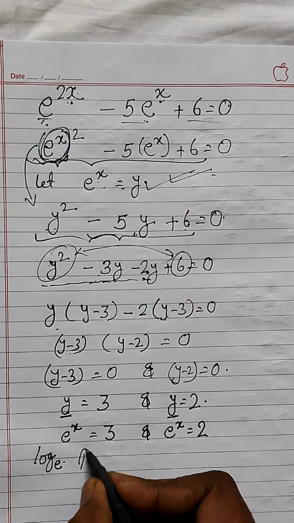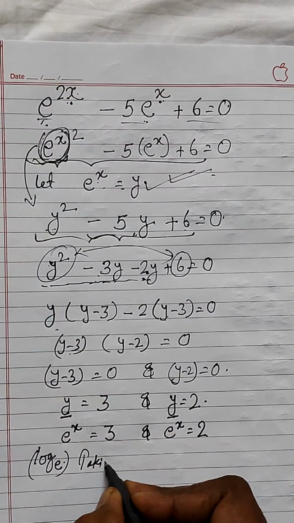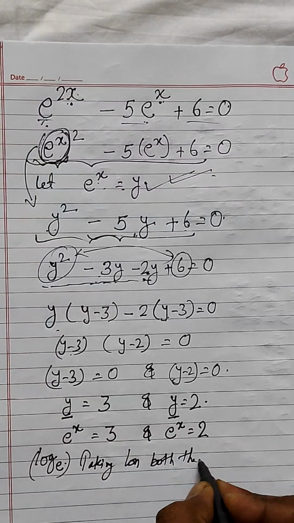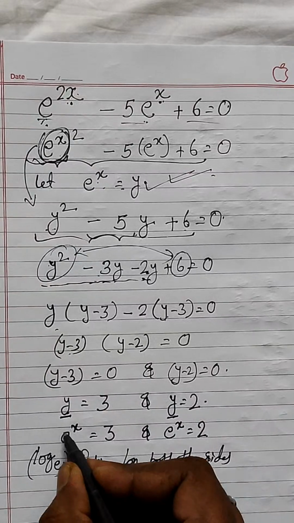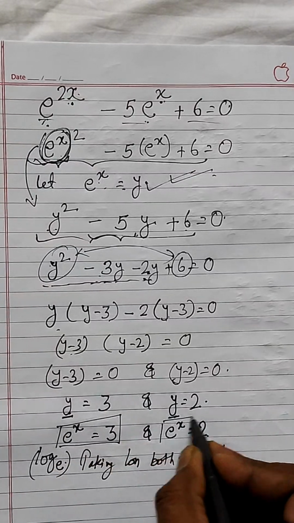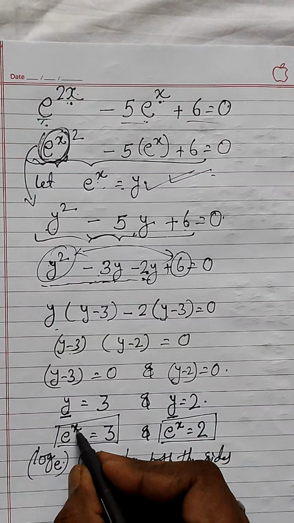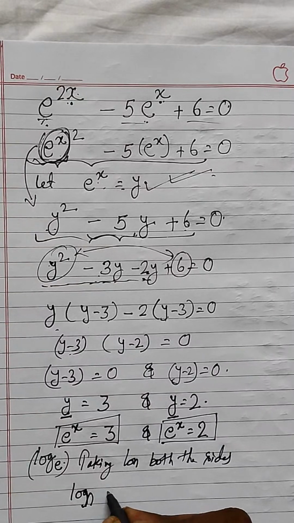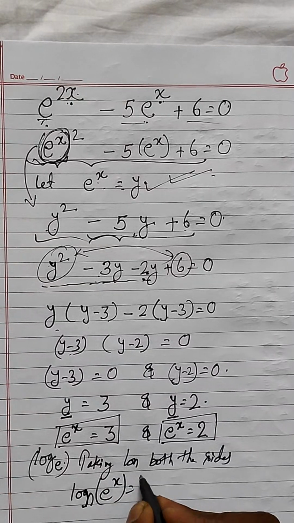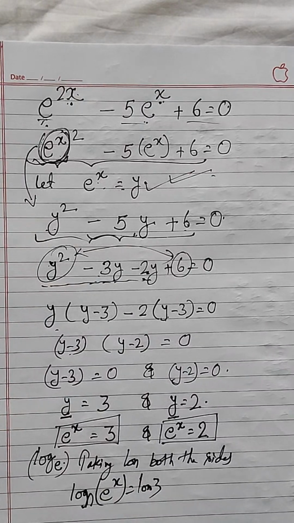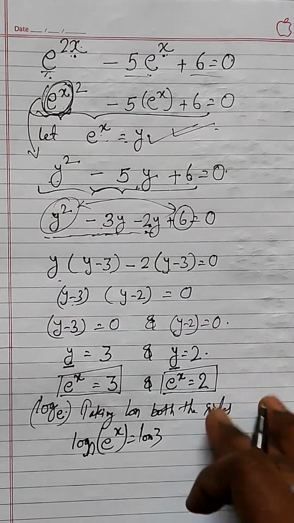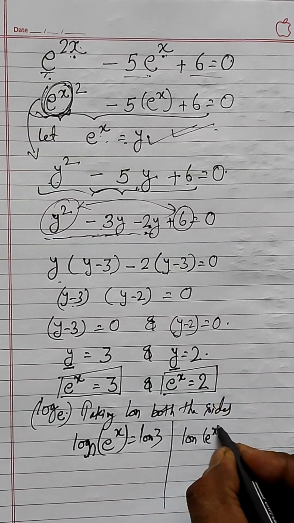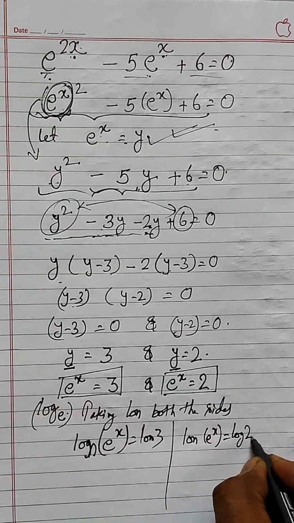So taking ln on both sides of these above two equations, we get ln of e to the power x equal to ln of 3, right? I think you are getting it. And ln of e to the power x equal to ln of 2.